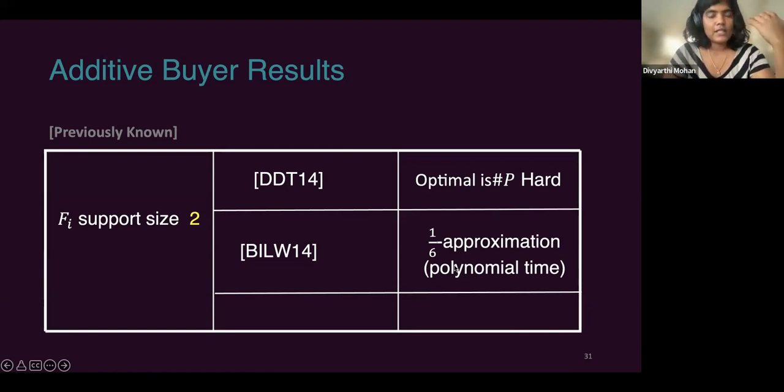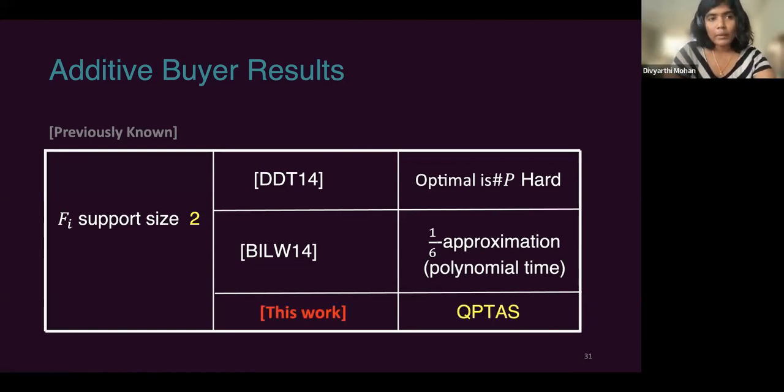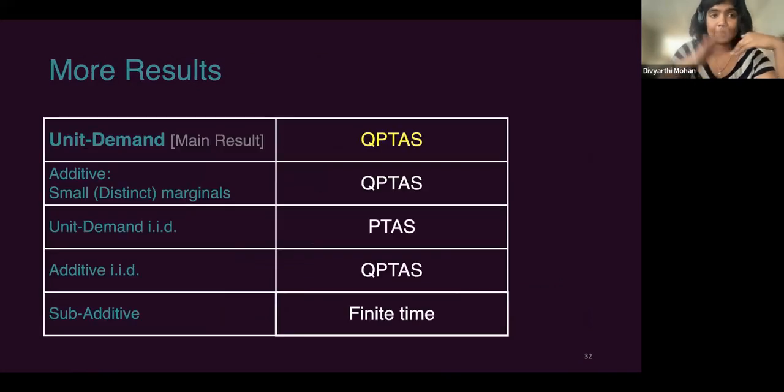And we again extend this to a QPTAS. We get a 1 minus epsilon approximation in quasi-polynomial time. But this result holds only for finite support marginals. And we also have other interesting results in different restricted settings. You can ask me more about them later if you're interested.